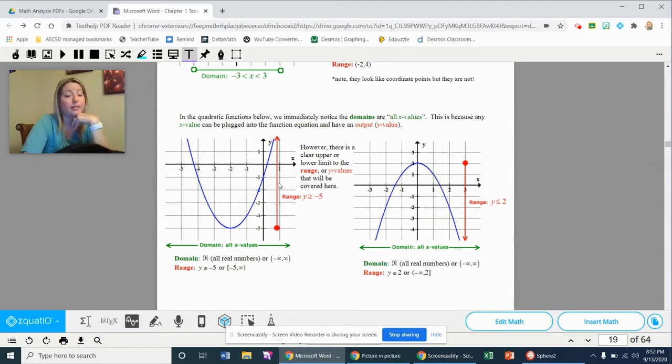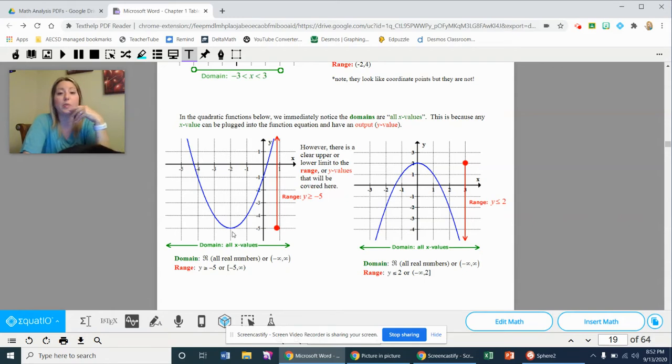However, it's not that case for the range. The range has a definite stopping point. These y values are never going to get lower than -5. They go infinitely up from -5, but they're never going to be lower than -5. So we call this y is greater than or equal to -5.